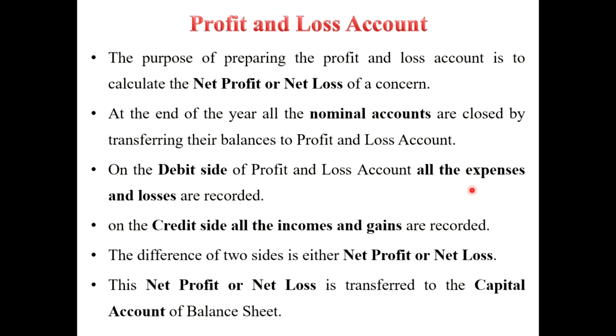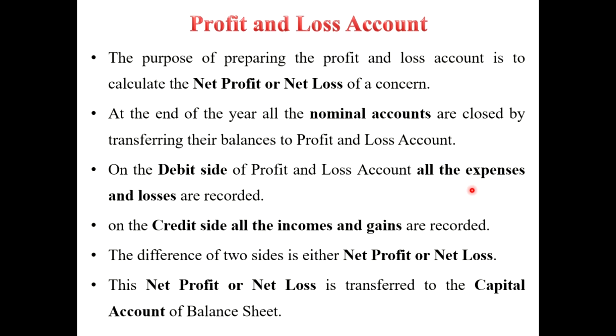Operating expenses are the office and administrative expenses, selling expenses and distribution expenses, which are related to your operations. Other than these operating expenses, we record non-operating expenses on the debit side of the profit and loss account.